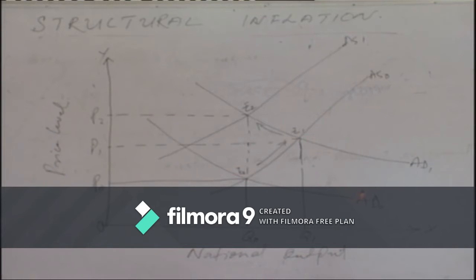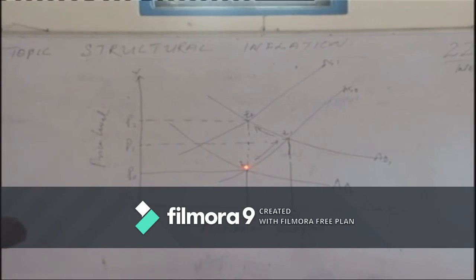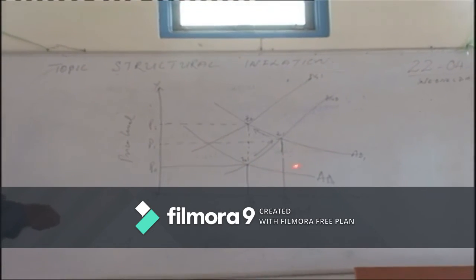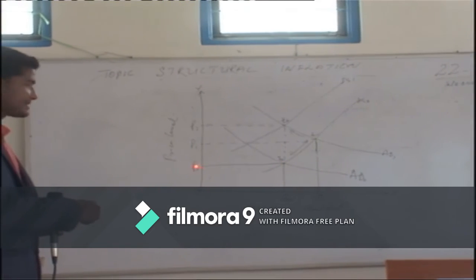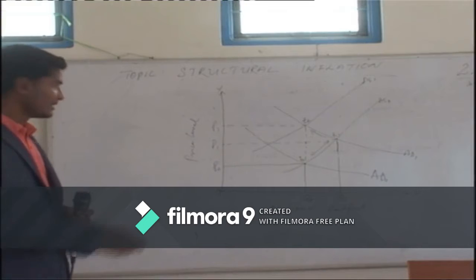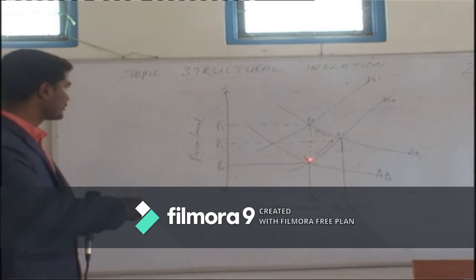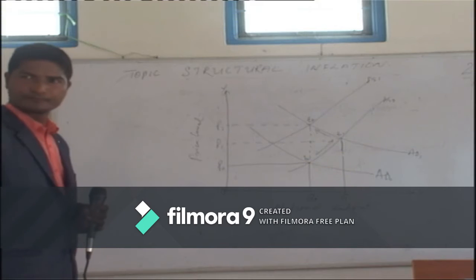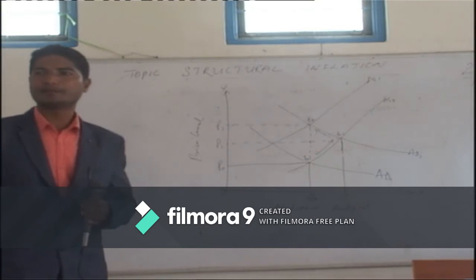The intersection point E naught, the intersecting point of aggregate demand AD naught and aggregate supply AS naught, is the equilibrium point, giving you price level P naught. P naught is the general price level at this equilibrium level E naught, and Q naught is the equilibrium level of output.